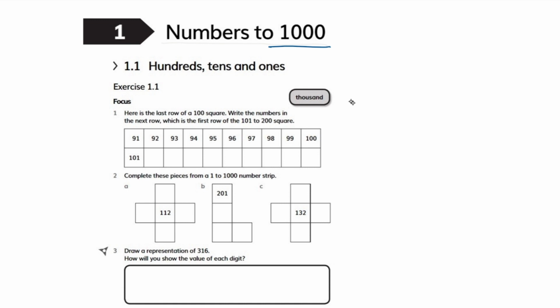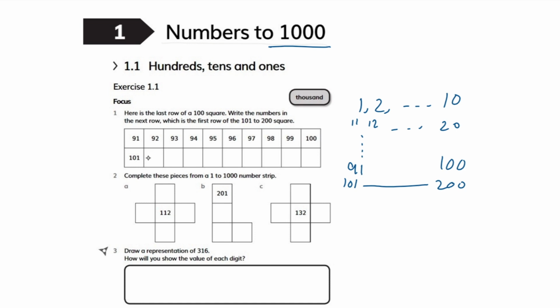In the 1 to 100 square, we have 1, 2, and so on up to 10, then 11, 12, up to 20, and coming down, 91 to 100. In the next line, we will have 101 up to 200. And what we are asked to do is fill in this part.